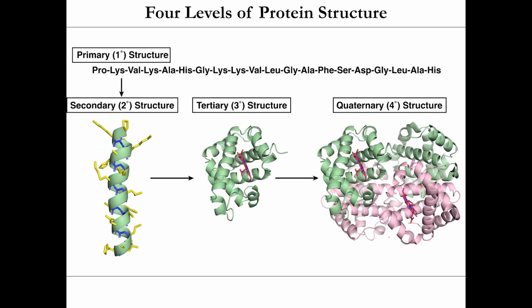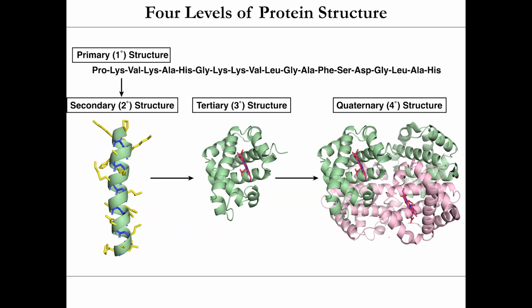So here's a little bit better of a graphical illustration of those 4 levels of protein structure. So you can see the primary structure here, which is just the amino acid sequence of the polypeptide chain. So in this case, it's proline, lysine, valine, lysine, alanine, histidine, so on and so forth.